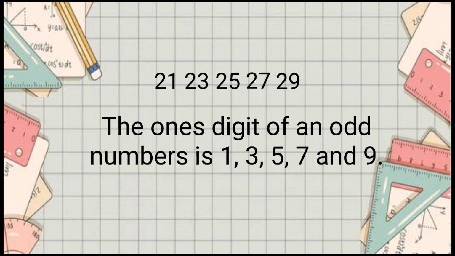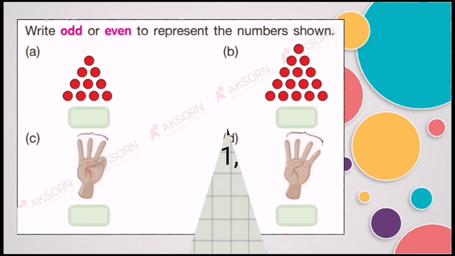Good job. So let's have an activity. You're going to write odd or even to represent the number shown. For letter A, how many dots do we have? Let's count. 1, 2, 3, 4, 5, 6, 7, 8, 9, and then 10.